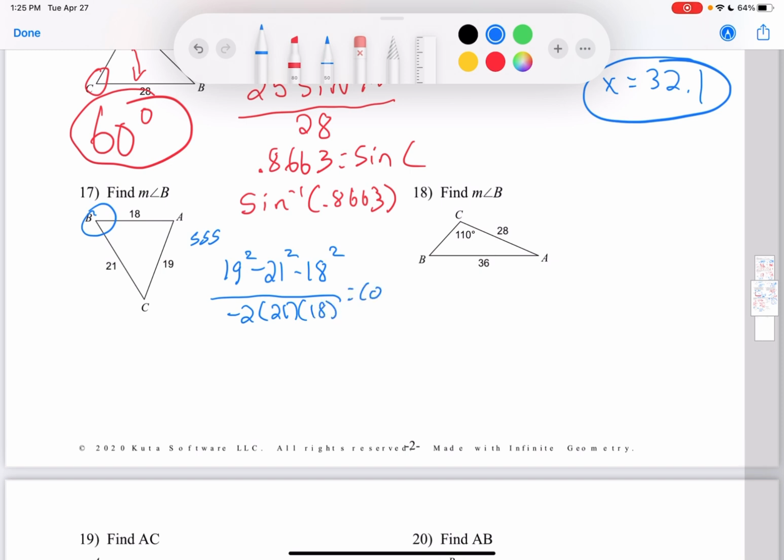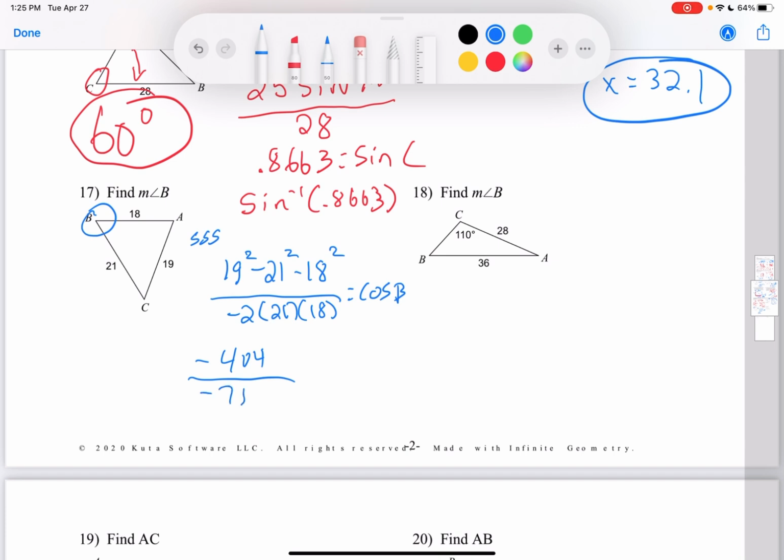That's going to be your cosine of your angle. So we said be careful with this. So 19 squared minus 21 squared minus 18 squared, and I write that number down. That's -404 divided by -2 times 21 times 18.